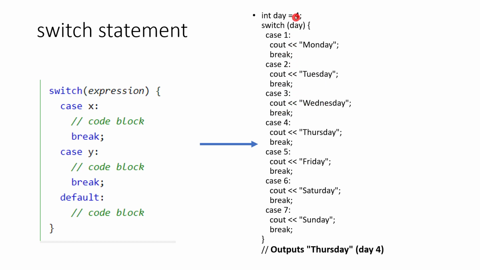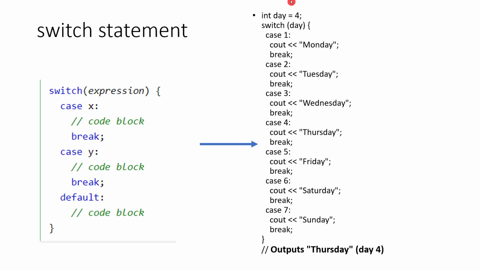As we have defined 4, the fourth case will be executed. The program will check the value for case 1, case 2, case 3, case 4. Directly cout Thursday will be executed and come out of the switch. So the output is Thursday.